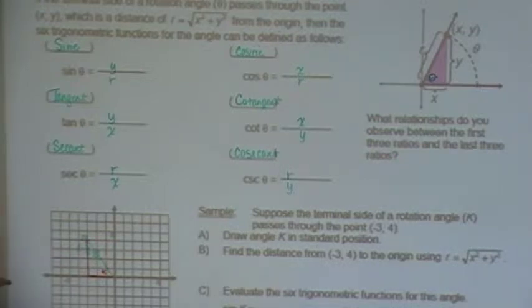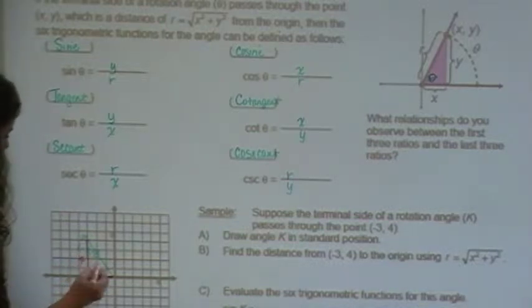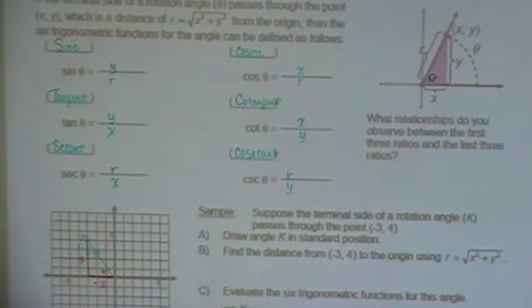And because they gave me the point -3, 4, I know that this leg of this triangle is 3 units long. Now, because it's in the negative direction, I am going to put the negative sign on it. And the other leg is 4 units tall, so that'll be a 4. So what is the hypotenuse? Oh, a 3, 4, 5.